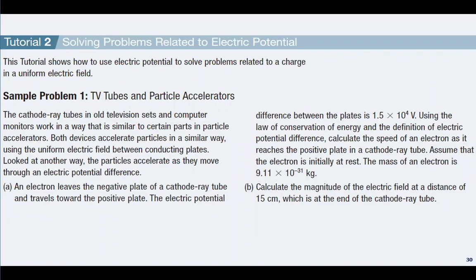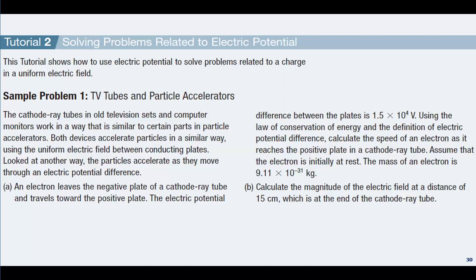Okay, so consider this question here. The cathode ray tubes in old television sets and computer monitors work in a way that is similar to certain parts in particle accelerators. Both devices accelerate particles in a similar way, using the uniform electric field between conducting plates. Looked at another way, the particles accelerate as they move through an electric potential difference.